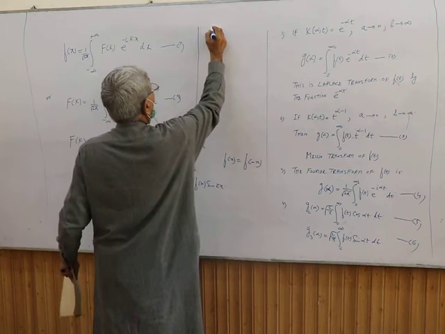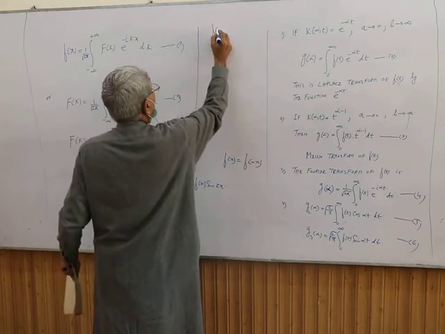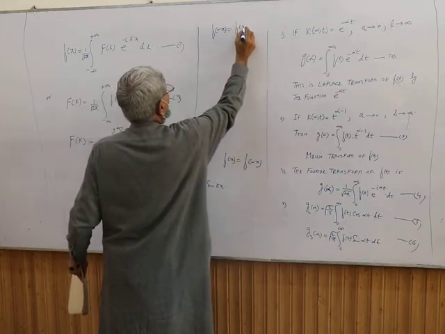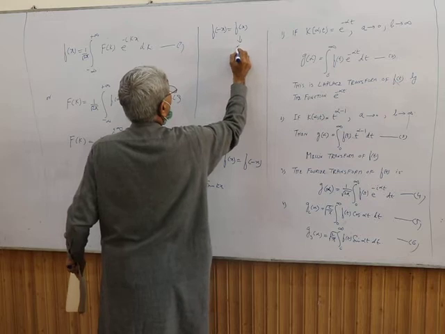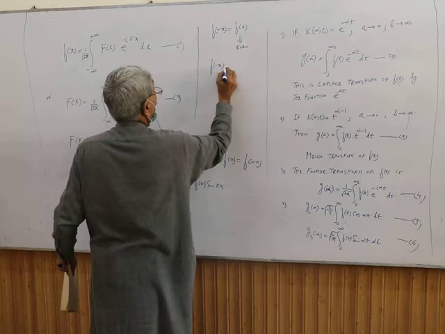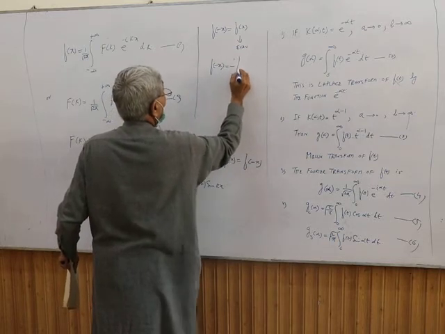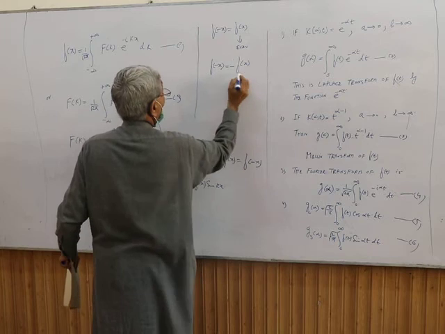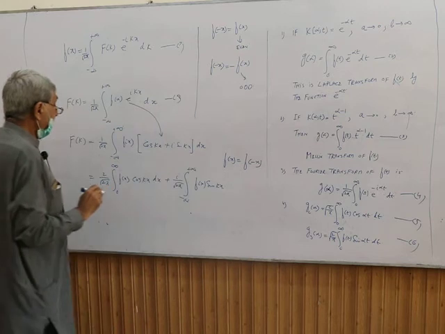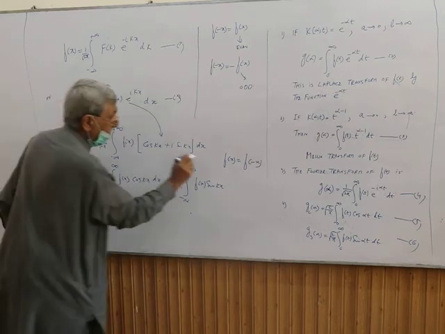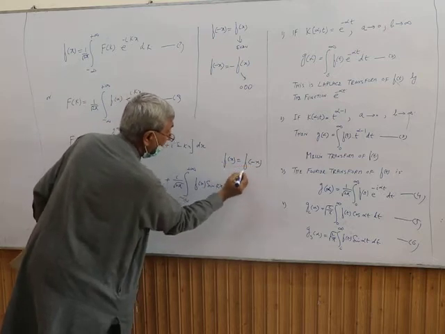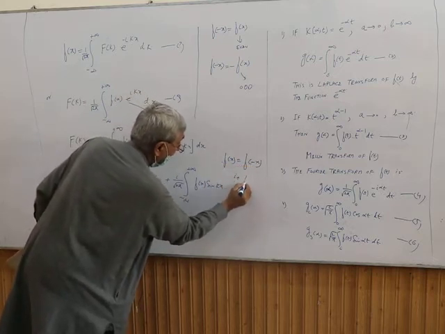A function f(x) is said to be even if you replace x by minus x and you get the same function. And if on the other hand you replace x by minus x and you get minus f(x), then f(x) is said to be an odd function. So I am assuming that f(x) is equal to f(minus x), that is, f(x) is even.